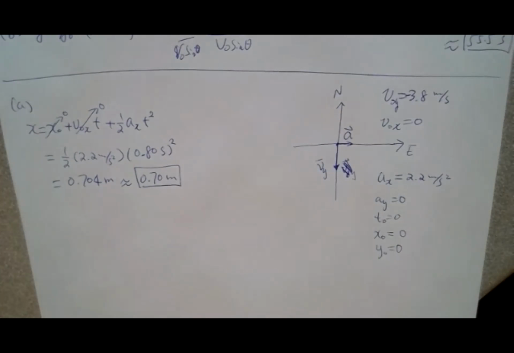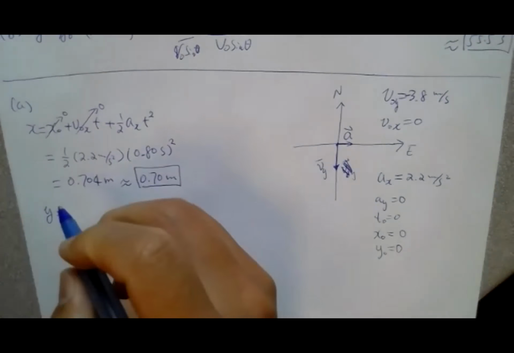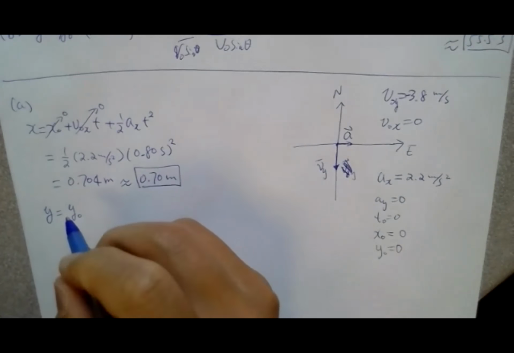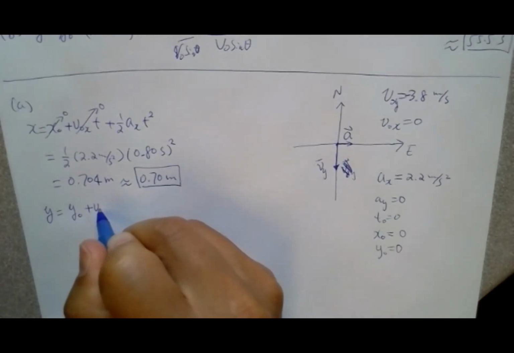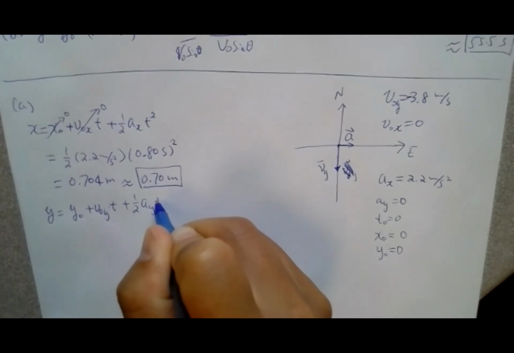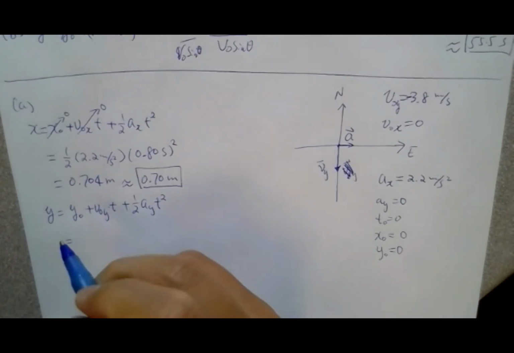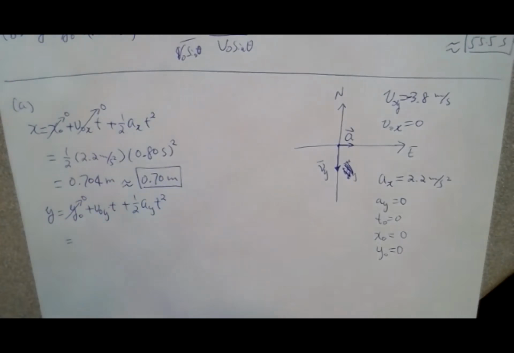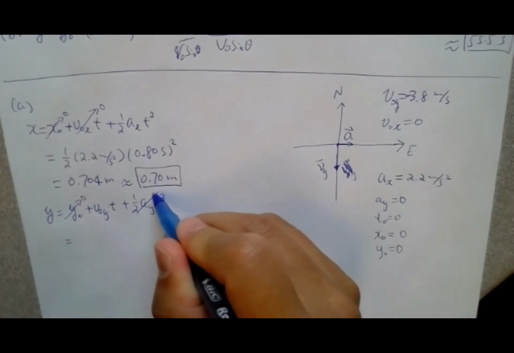So this is your X position, and then the Y position, you do similarly: Y naught plus V naught Y times t plus 1/2 AY t squared, okay? Again, Y naught is 0, but V naught Y is not 0, so you keep that term. AY is 0, so that term goes to 0.